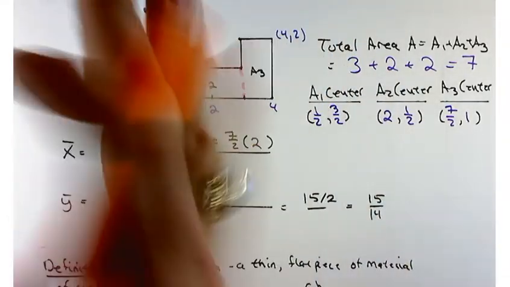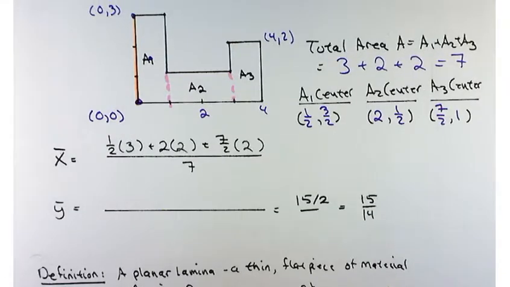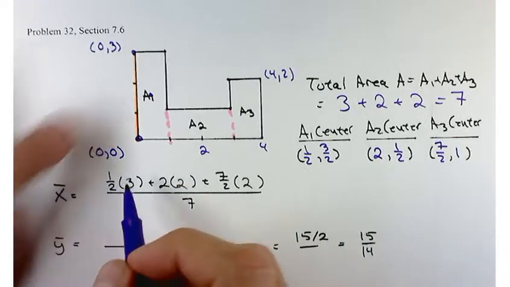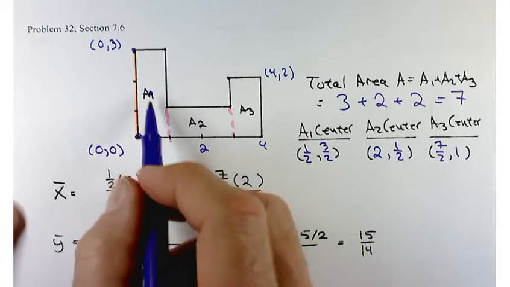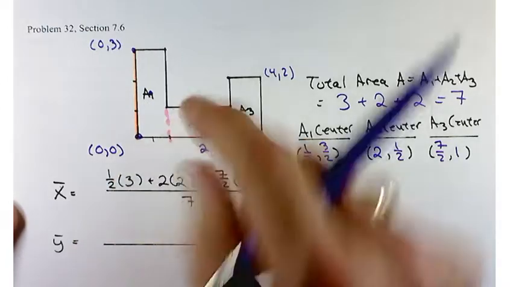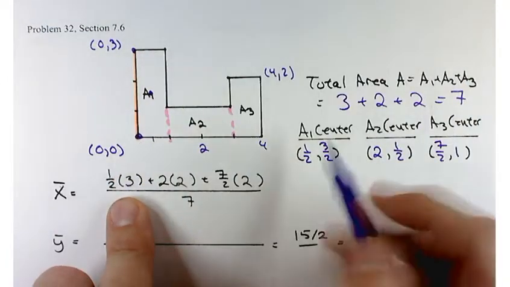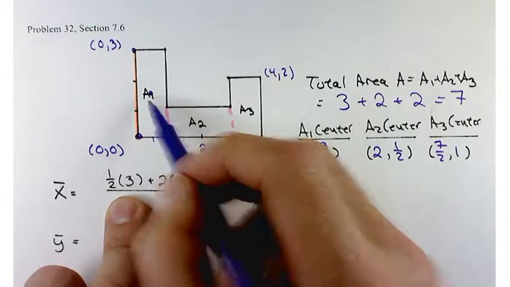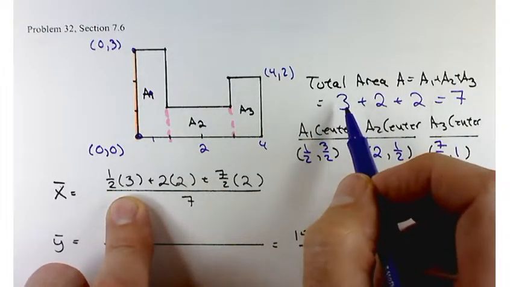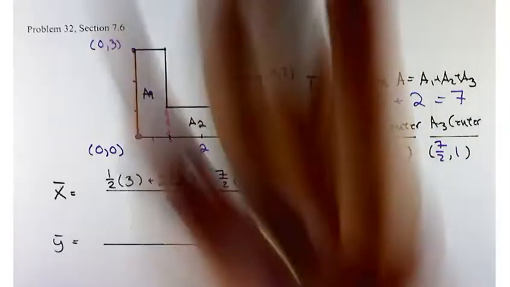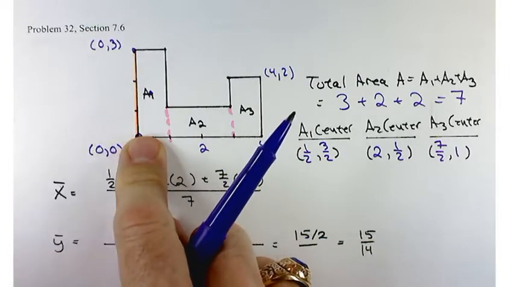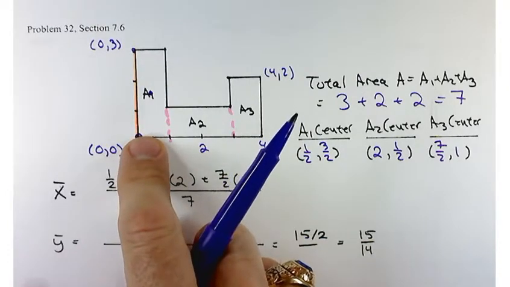So what would that rotational force be? That rotational force is going to be a product of a couple of things. It's the product of where that force is felt, which is at 1/2 along the x-coordinate, times the mass, which is proportional to the area, or 3. So 3 times 1/2, that's the force that wants to turn this around the line x equals 0, the y-axis.